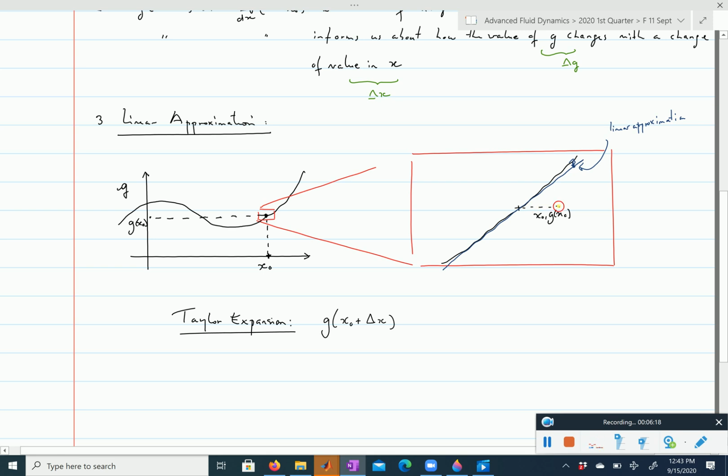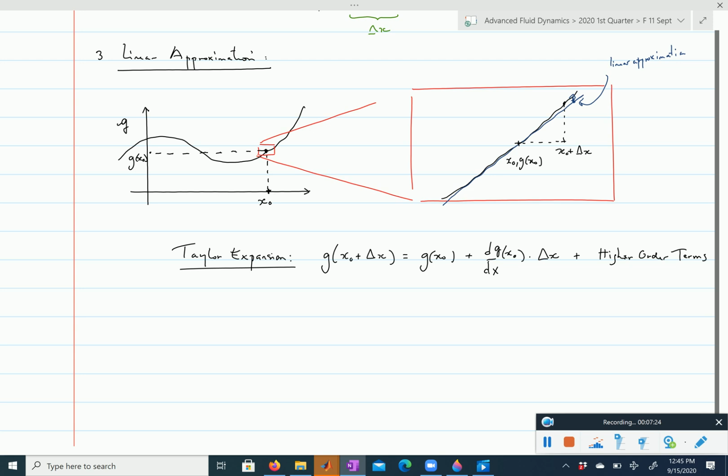So if I move here by a small delta x, so here I'm at x0 plus delta x, the value of my function at x0 plus delta x is equal to g at x0 plus the value of the derivative of g at x0, so it's the value of this slope here, times delta x, plus, of course, this little piece here which we neglected, which scales with delta x squared, so it's very small if delta x is small, and we call these higher order terms.